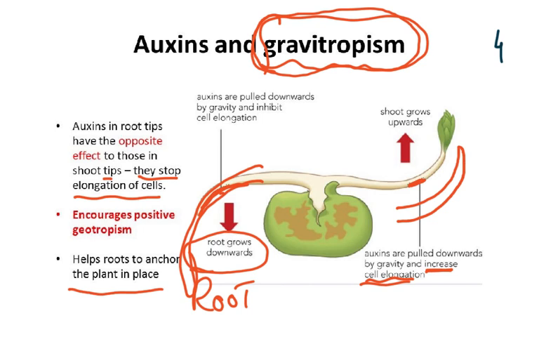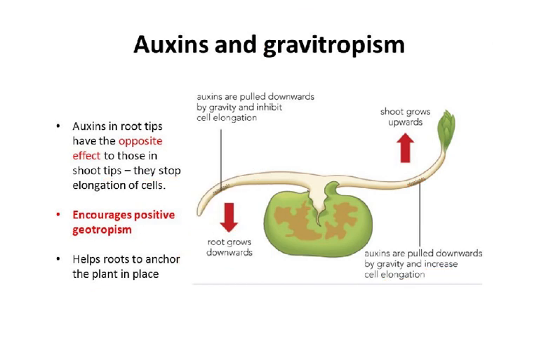So in the root, it decreases cell elongation, and in the shoot, it increases cell elongation. So please be clear in this, and please understand this before we can really do anything else. So just pause the video here and have a look at this, understand this part of the chapter, and then we will go on to the MCQs.